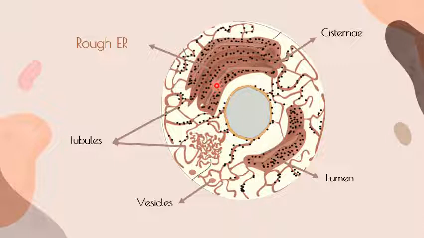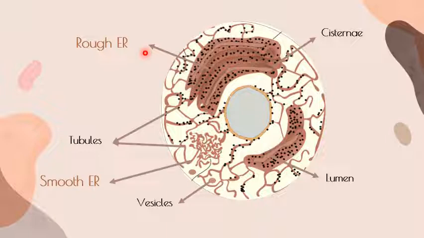It also functions in the degradation of misfolded proteins through the proteasome pathway. So these are the important functions of the rough ER, as it contains ribosomes.